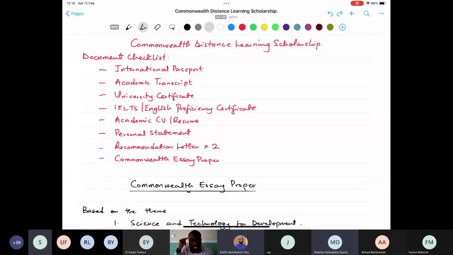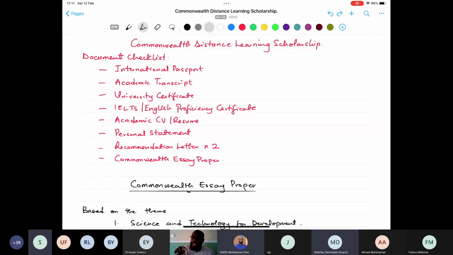Then we'll talk about the recommendation letter. For me, this is the most important document there, because if you don't have the right recommendation letter, you will not get it. And this issue is very, very important, because you are not the one uploading the person's recommendation letter. For this scholarship, you have to do it two ways.